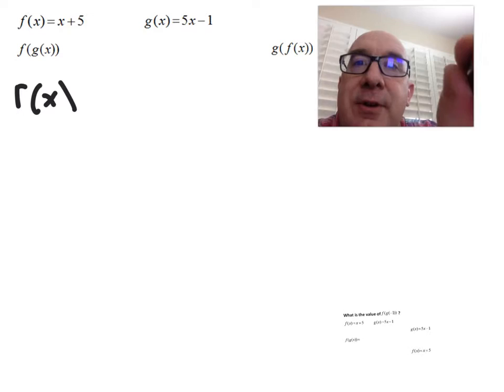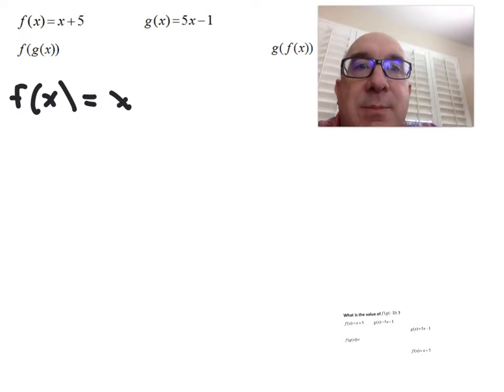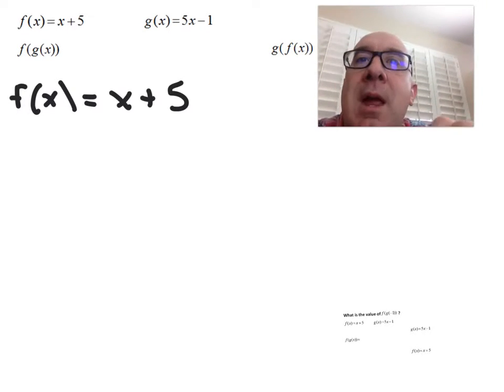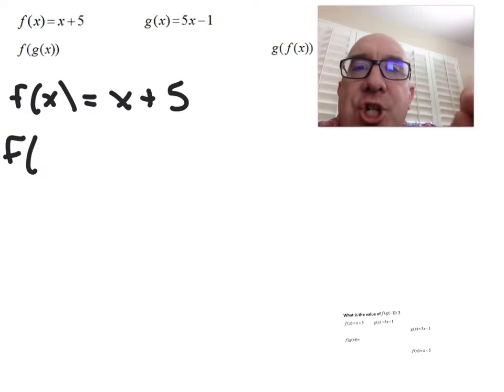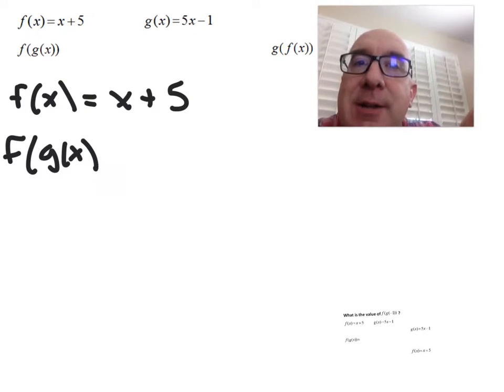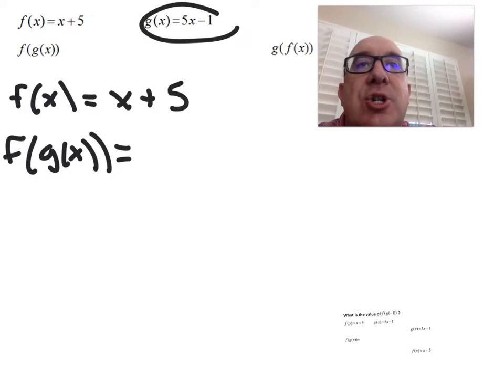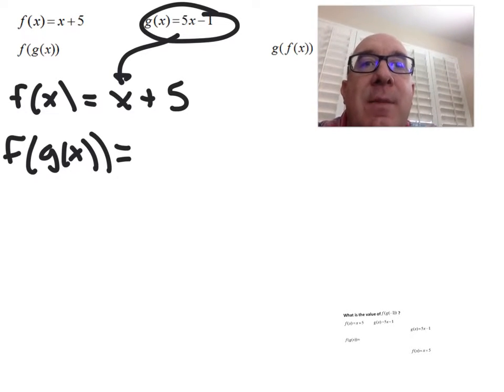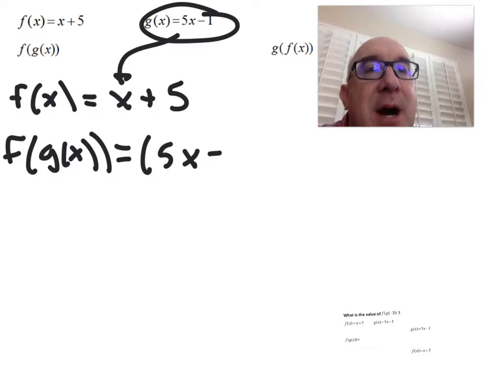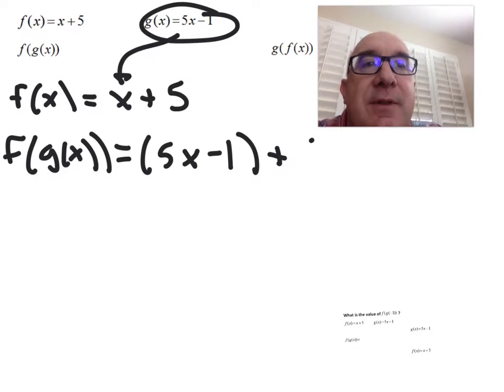This is f of x equals x plus 5. But we're going to put g of x into that. So wherever there was an x, I'm going to plug in g of x. So I'm going to put in 5x minus 1, plus 5.